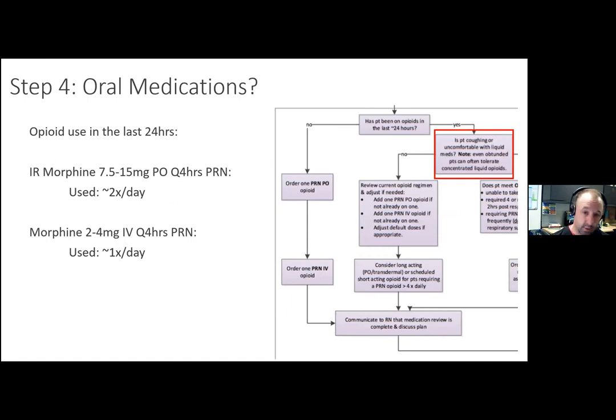Is the patient coughing or uncomfortable with liquid meds? What we're really getting at here is how effectively are they able to swallow PRN medications. This is a point at which it's helpful to talk about morphine concentrated liquid. It's important to note that even an obtunded patient can often take and benefit from concentrated liquid medicines.